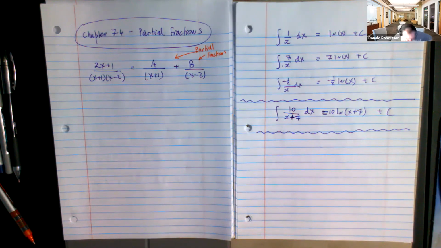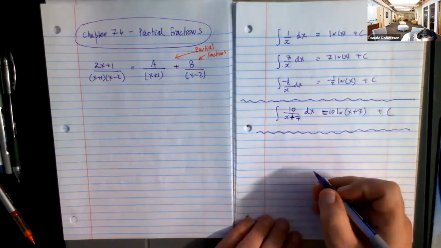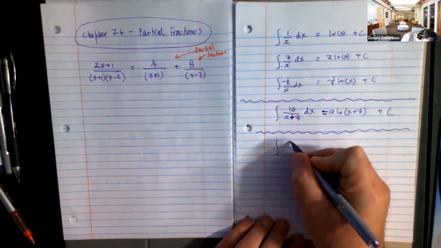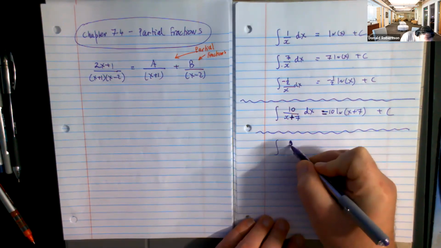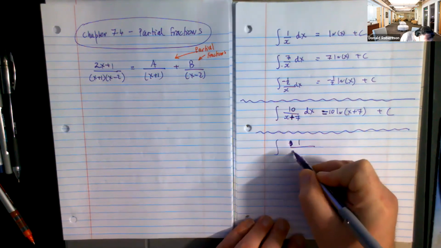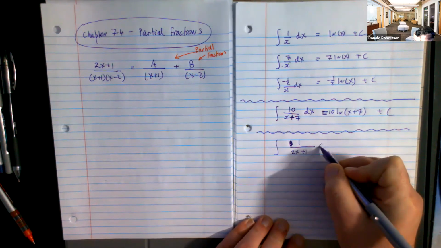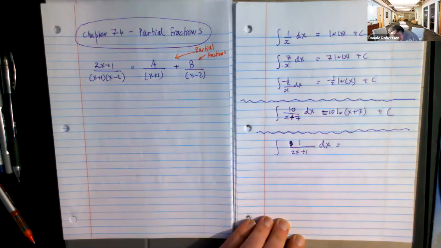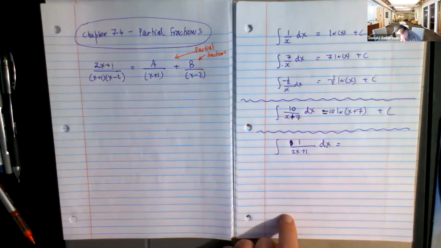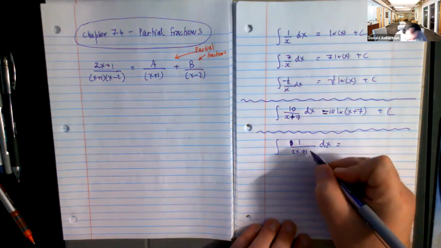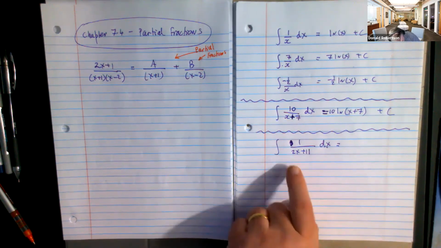Okay. How about, oh, forget that. Keep a 1. Keep it simple first. Not x plus 7, but 2x plus, oh, let's make it 11, so the 1 isn't that important.